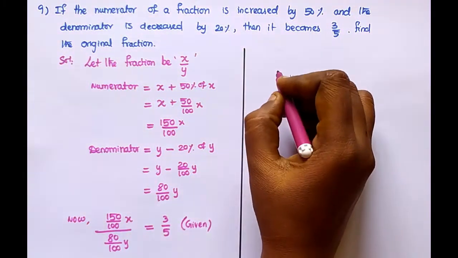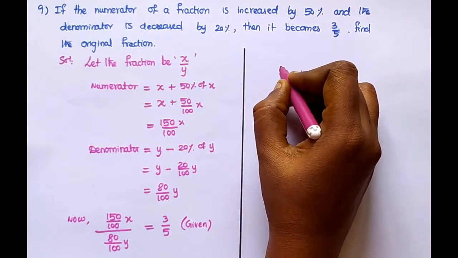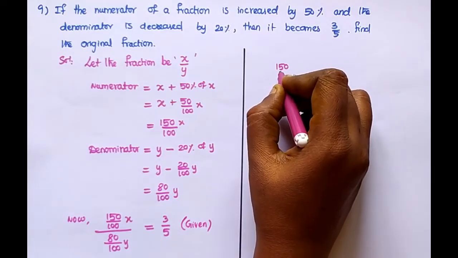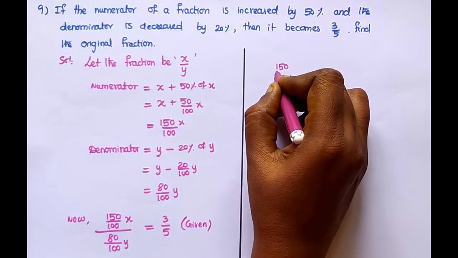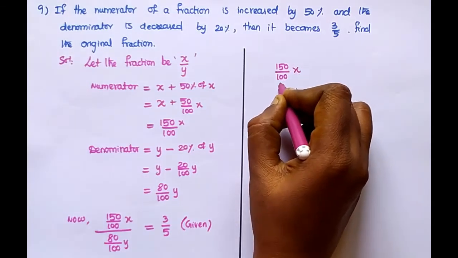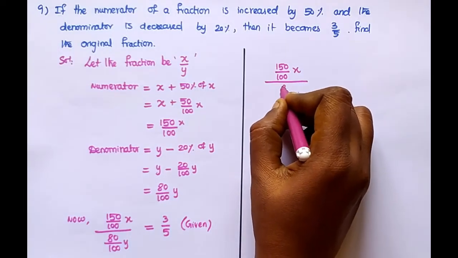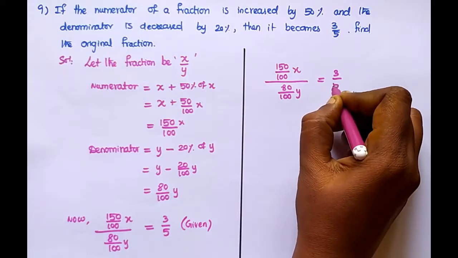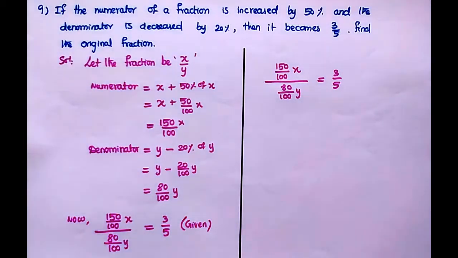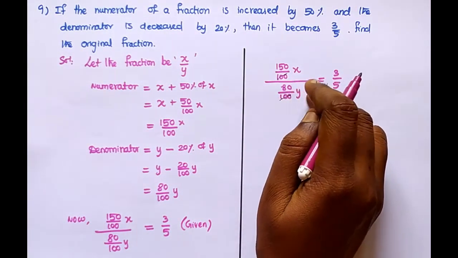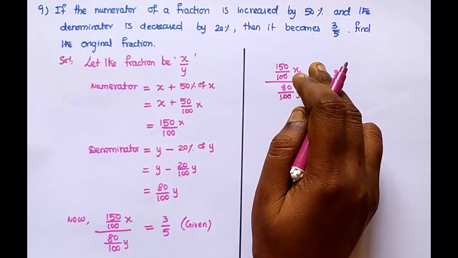Now listen. 100 cancelled, both are in the denominator, no? So take the reciprocal, which means it is in the numerator.